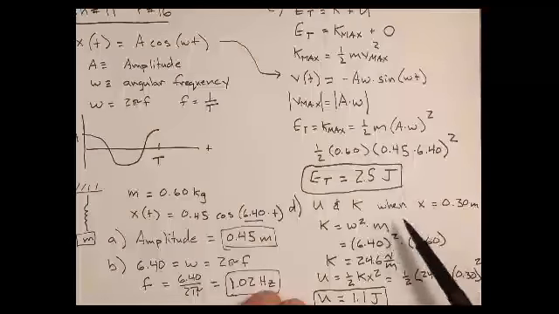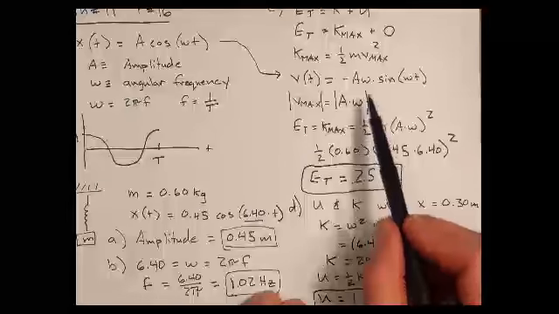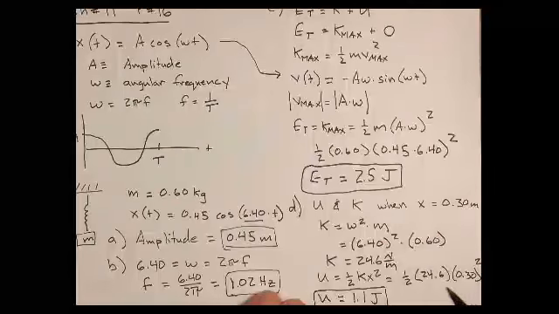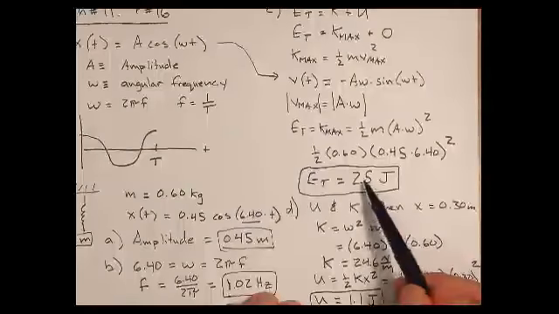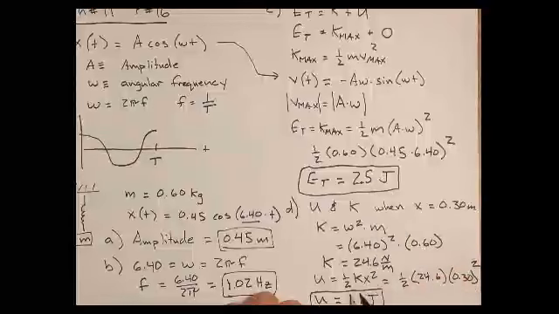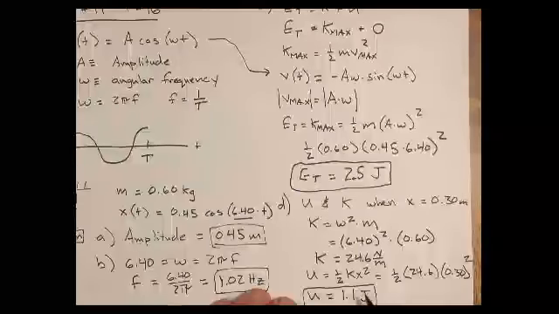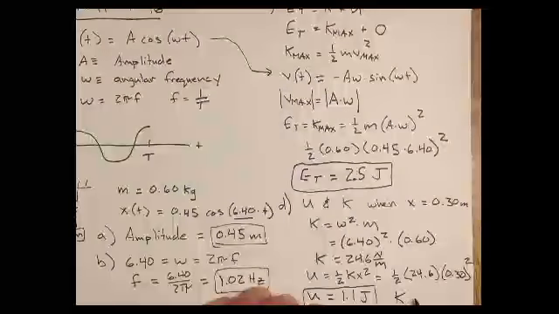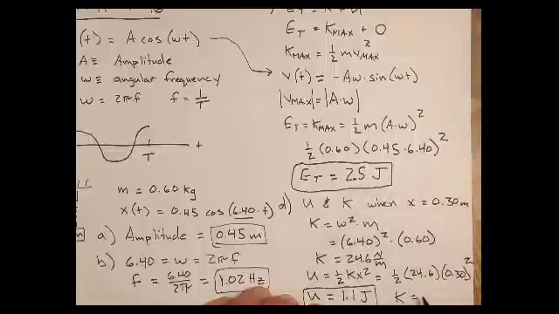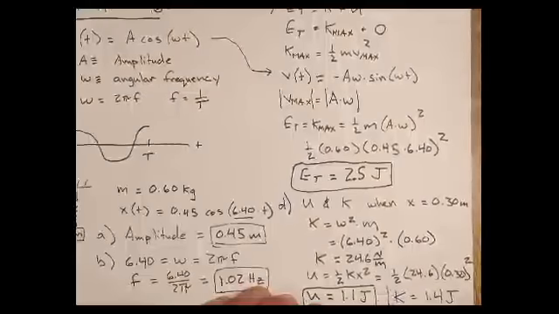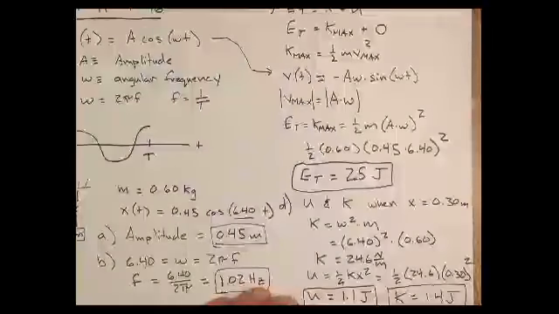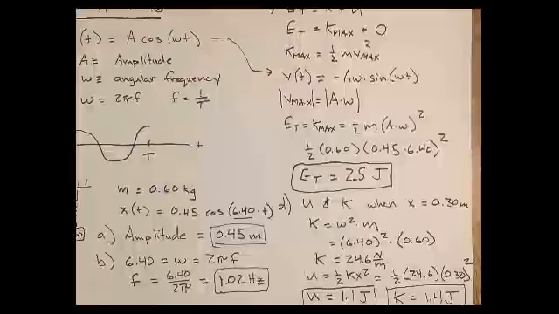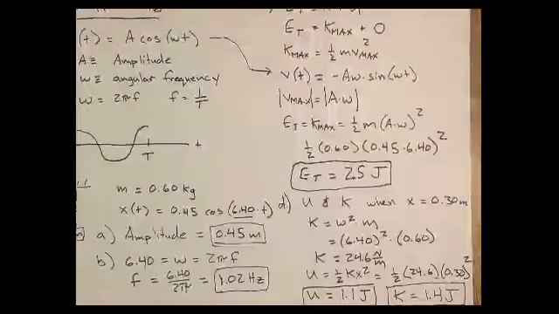I could go back and plug into the earlier equation, find my V, or I could just say, hey, my total mechanical energy is 2.5 joules, my potential energy is 1.1 joules. I know that the sum of potential and kinetic must be total mechanical, therefore my kinetic energy must be 1.4 joules.